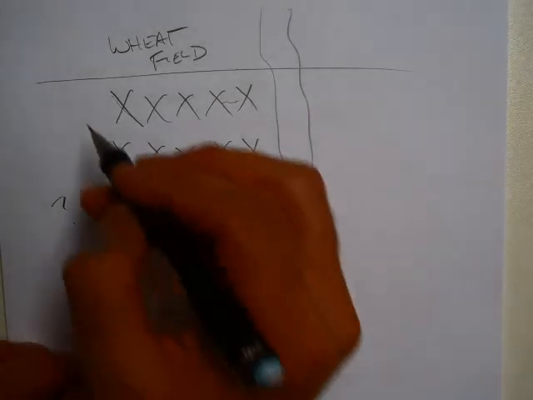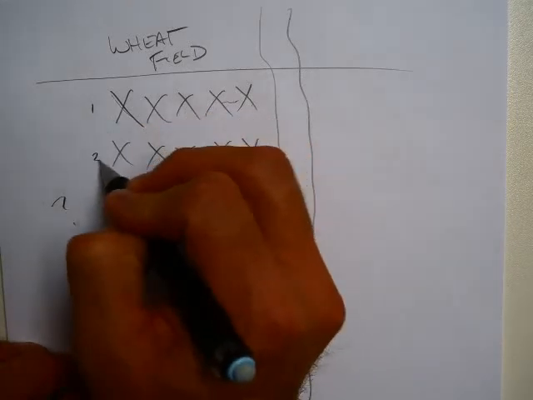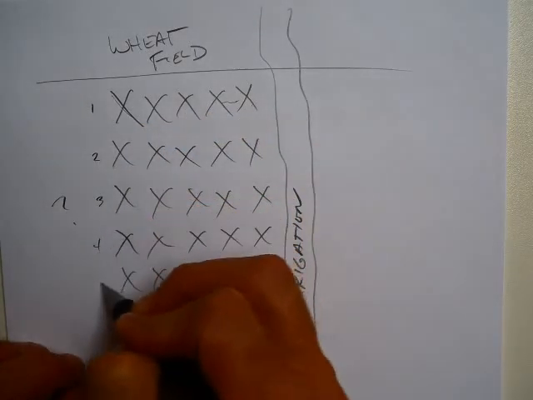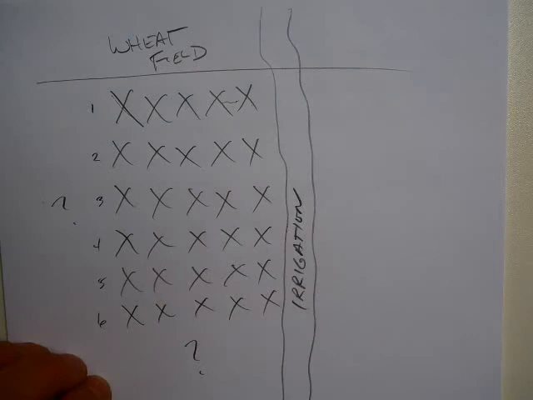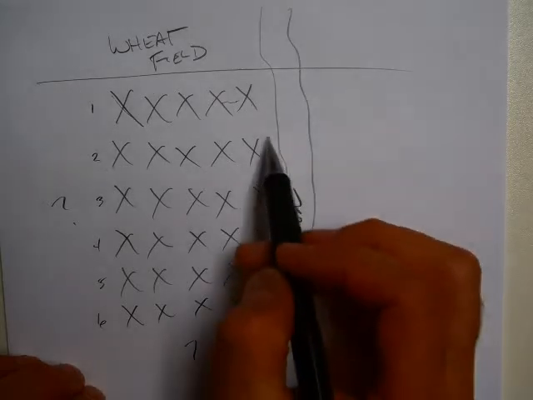There you go. So what if I assigned this as row 1, row 2, row 3, row 4, row 5, and row 6? And maybe I flip a coin. That's a random number generator. I mean roll a die. Let's say the die comes up with 2.